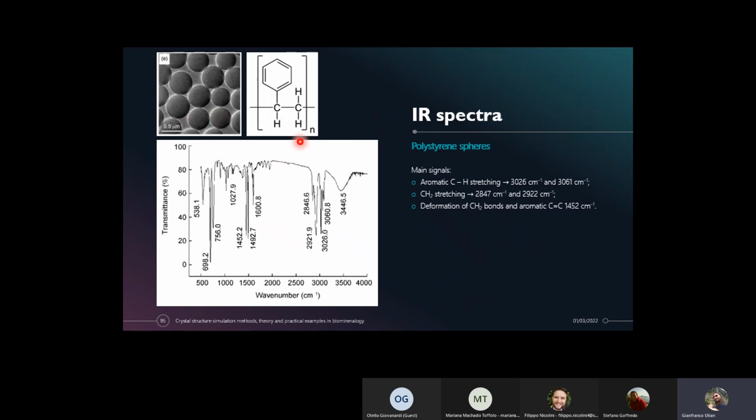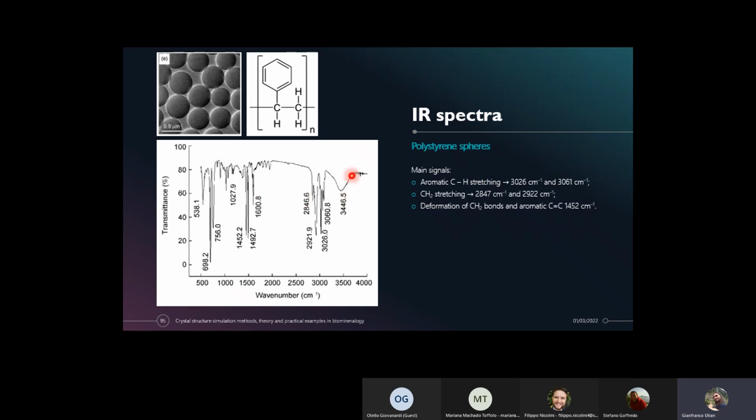This is your molecule, your system, and you can see a very high number of signals here below 1000 reciprocal centimeters. You have the so-called fingerprint region. It is important for the assessment of the organic molecule in your system.